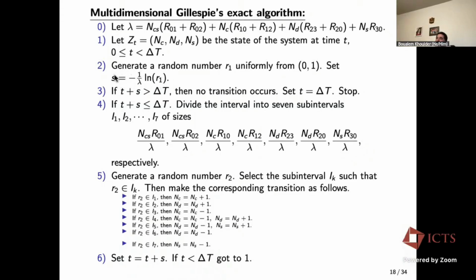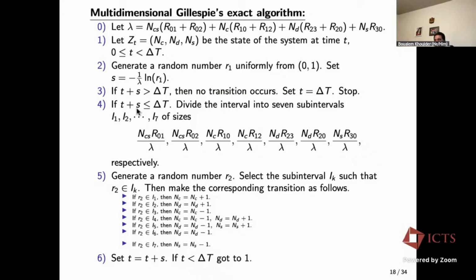It is given by just 1 over lambda times log of a random number chosen from 0 to 1. And then once you have this first time of transition, you can decide if that time is bigger than your time step, then there is no transition. But if it's smaller than your time step, then you accept it. You have one transition that's happening.